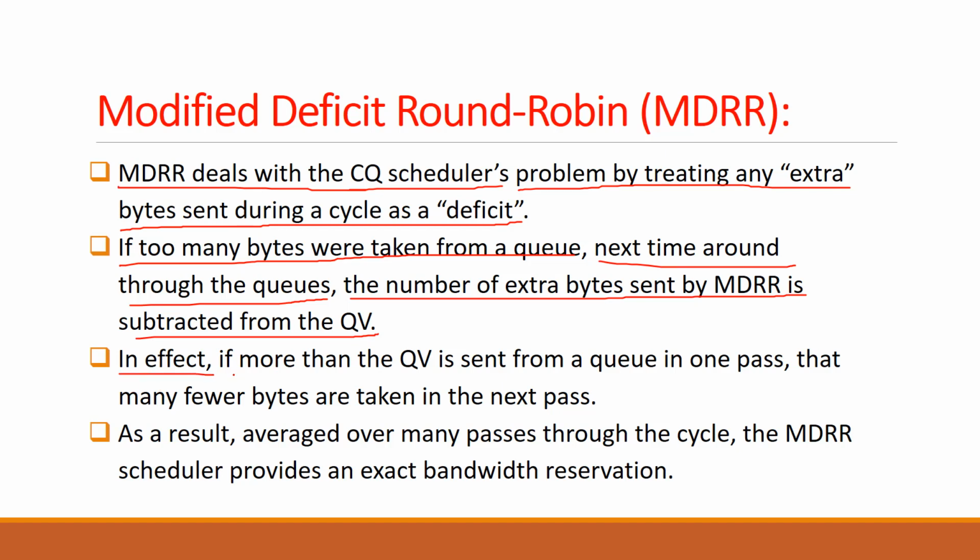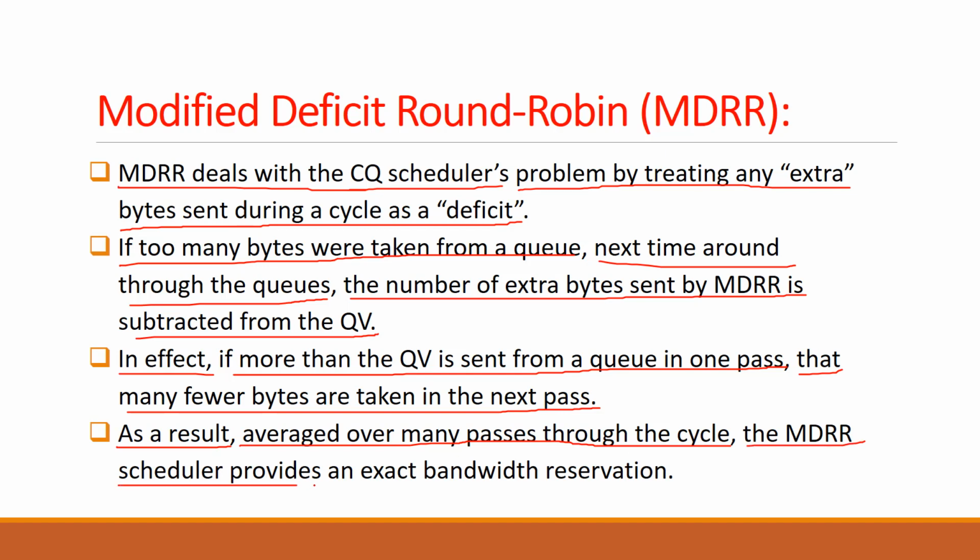So in effect, if more than the QV is sent from a queue in one pass, that many fewer bytes are taken in the next pass. And pass means that full packets are served from the queues. As a result, averaged over many passes through the cycle, the MDRR scheduler provides an exact bandwidth reservation.